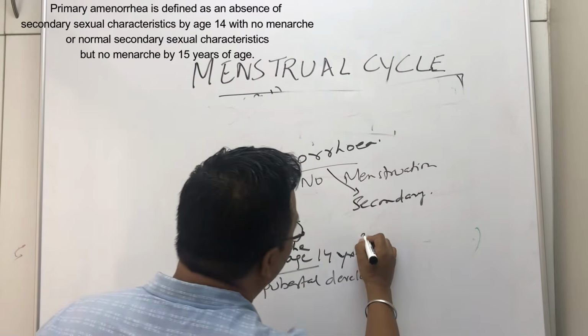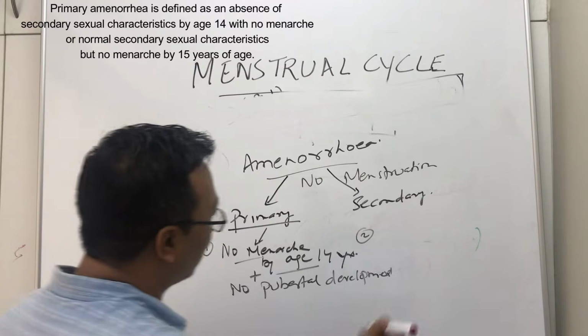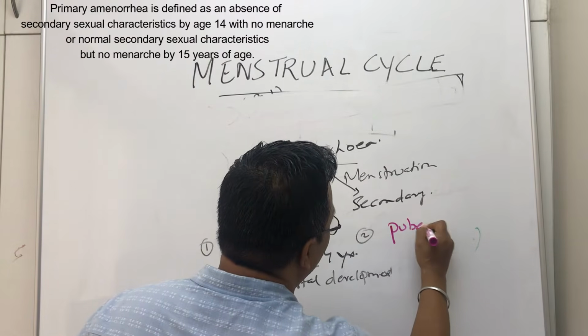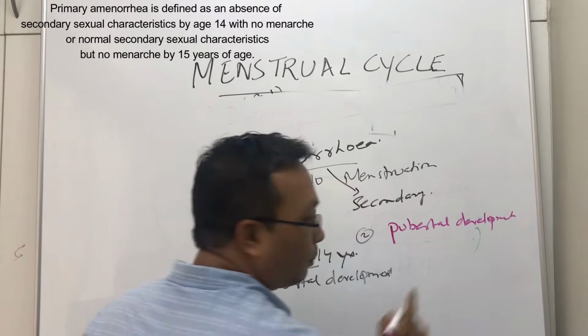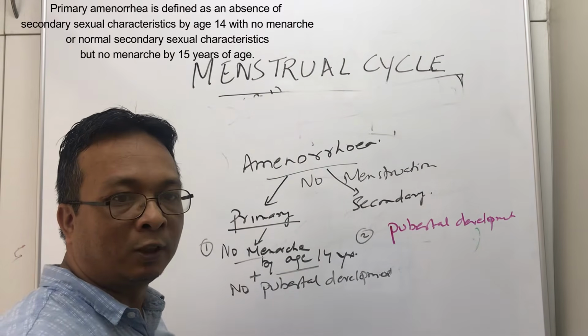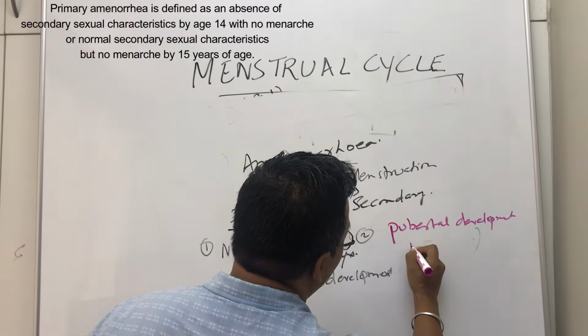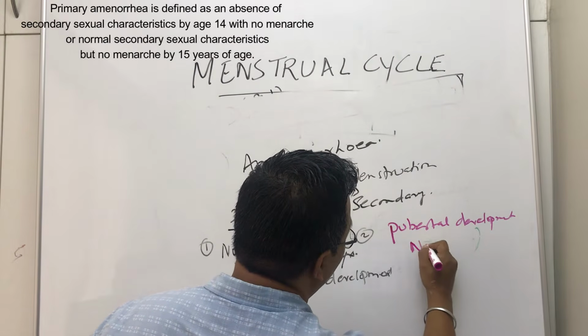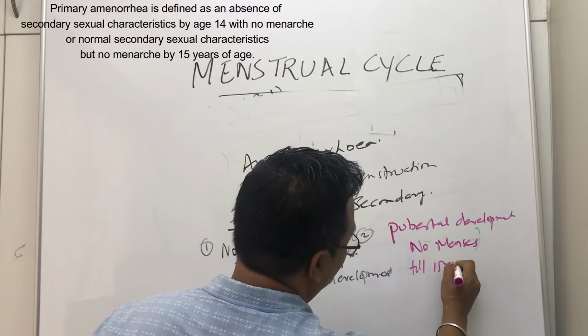Another type of primary amenorrhea is when someone has all the pubertal development okay, but she has not menstruated yet. She has no menses till 15 years of age.